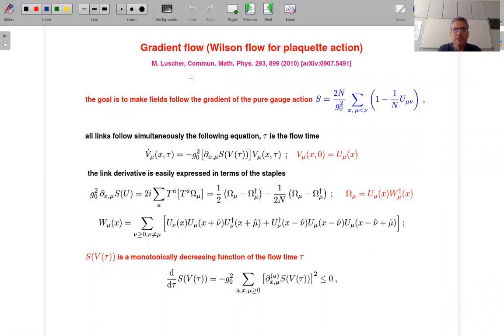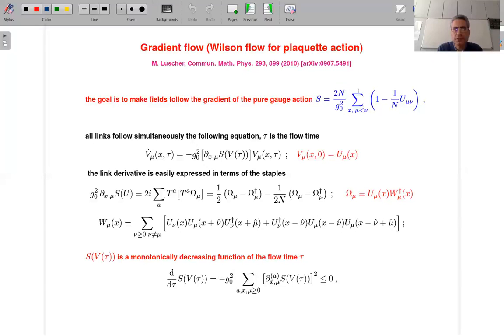For instance, the gradient flow, which is also known as the Wilson flow when you apply it to the plaquette action. So the idea is to write down a differential equation for the gauge field variables, a differential equation which corresponds to moving the gauge configurations in the direction of the gradient of the pure gauge action.